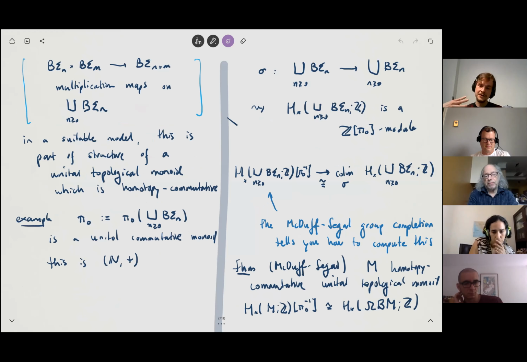There's secretly a lot of structure around in the classifying space of these symmetric groups. And the only thing that the formulation of homological stability uses is just this stabilization map, this adding of a single element, even though you have this product around, and it's not just homotopy commutative, it's E infinity. So you get all the attendant operations that come with that.